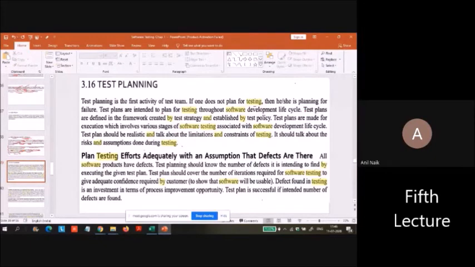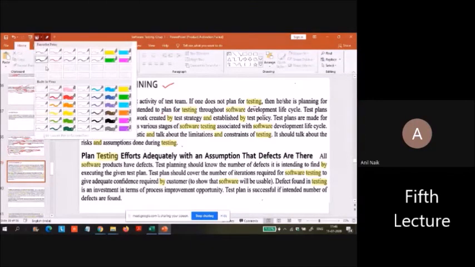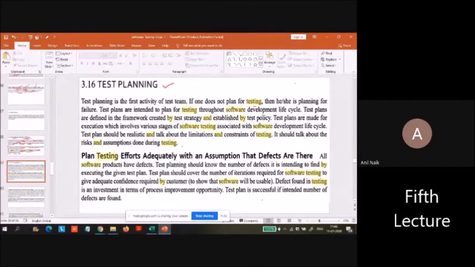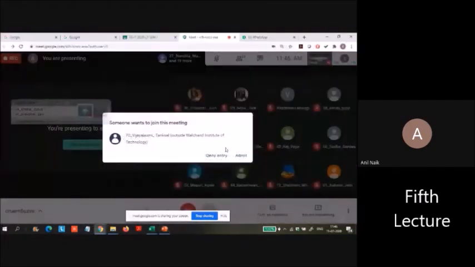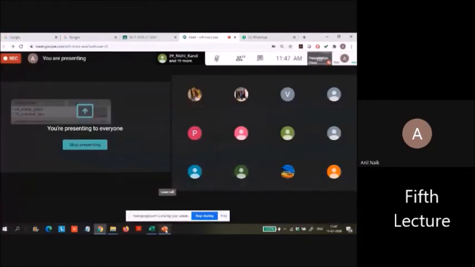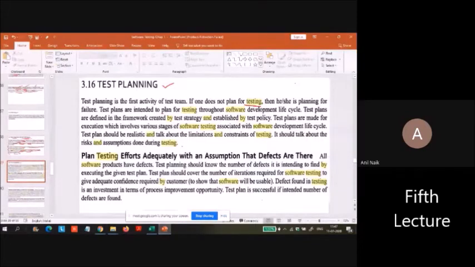Test planning. As we discussed in the last class, test planning is very important for any activity. Test planning is the first activity of the testing team. If one does not plan for the testing, then he or she is planning for failure.